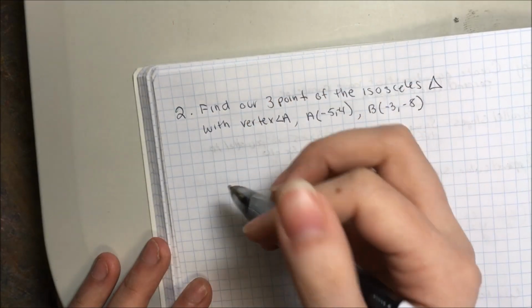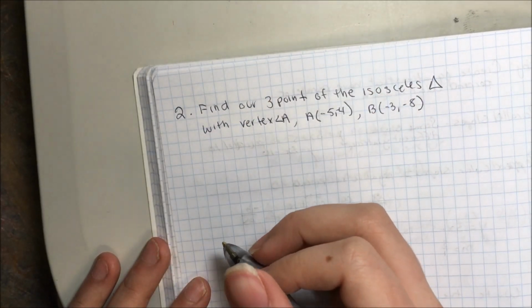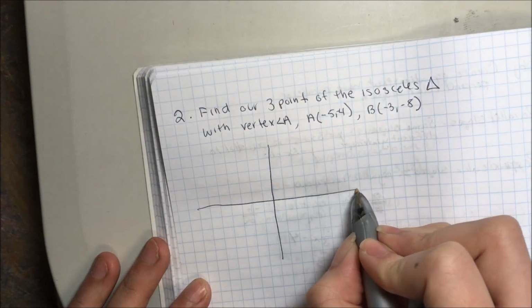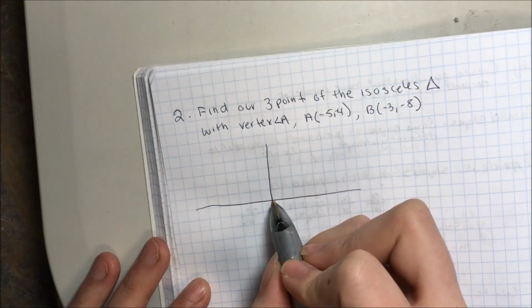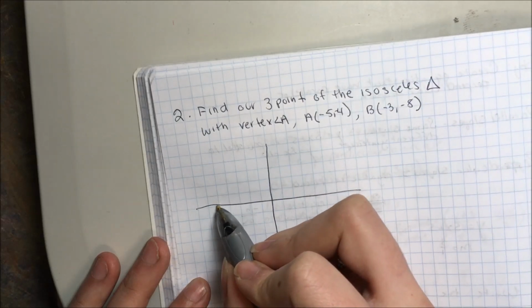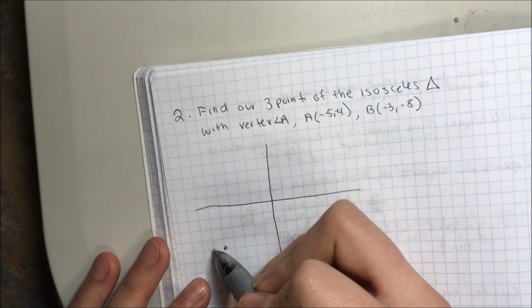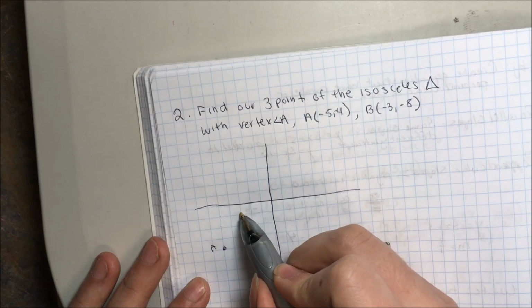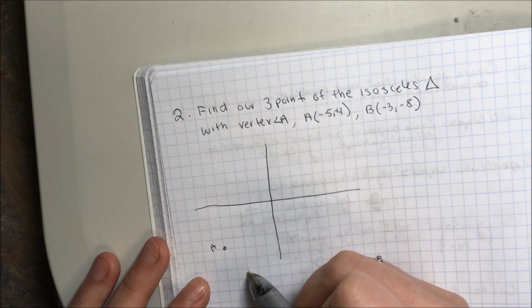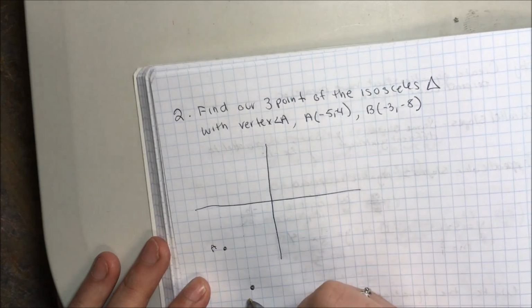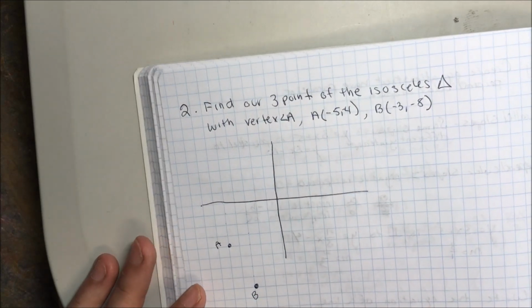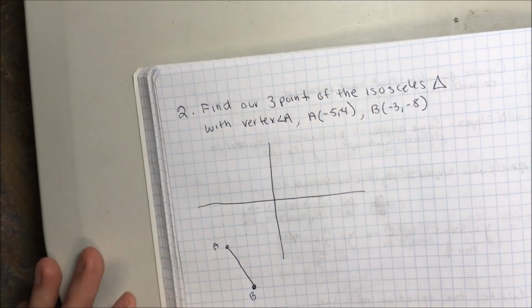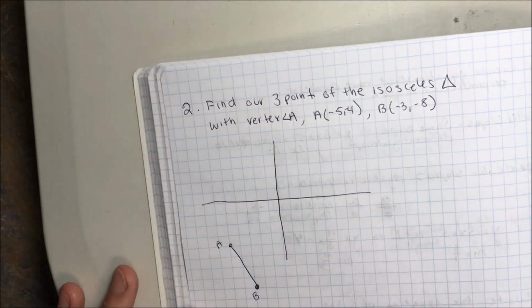So the first thing we're doing is plotting our points again. Point A. And point B. So we know our vertex is A.